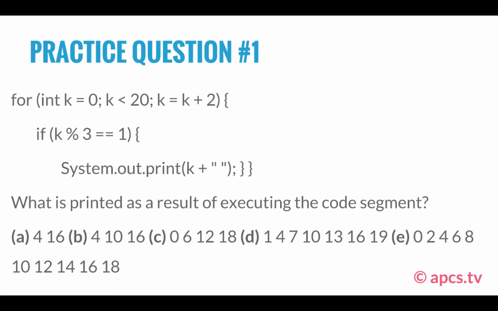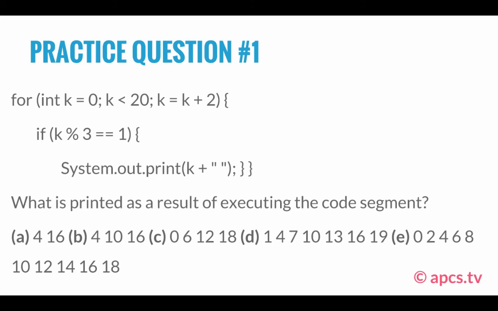So we know that when 4 was divided by 3, it left a remainder of 1. We know that when 10 is divided by 3, it leaves a remainder of 1. And when 16 is divided by 3, it leaves a remainder of 1. So the correct answer to this question is B, 4, 10, and 16, because those are the 3 values of k in this for loop that when divided by 3 leave a remainder of 1.